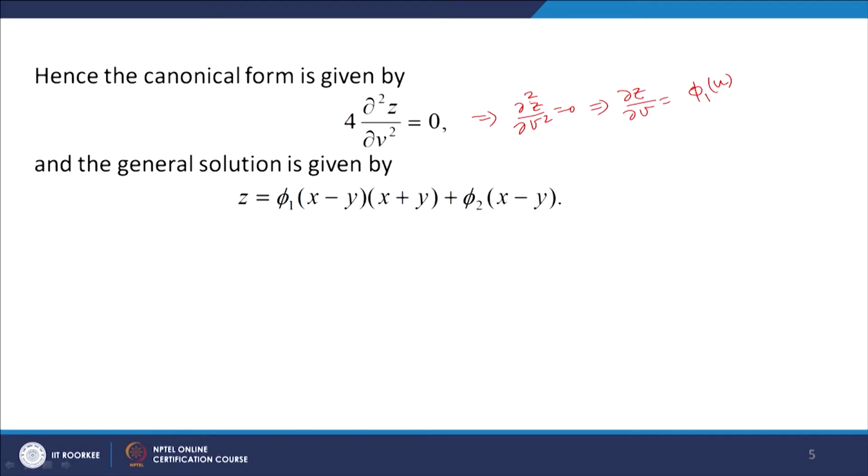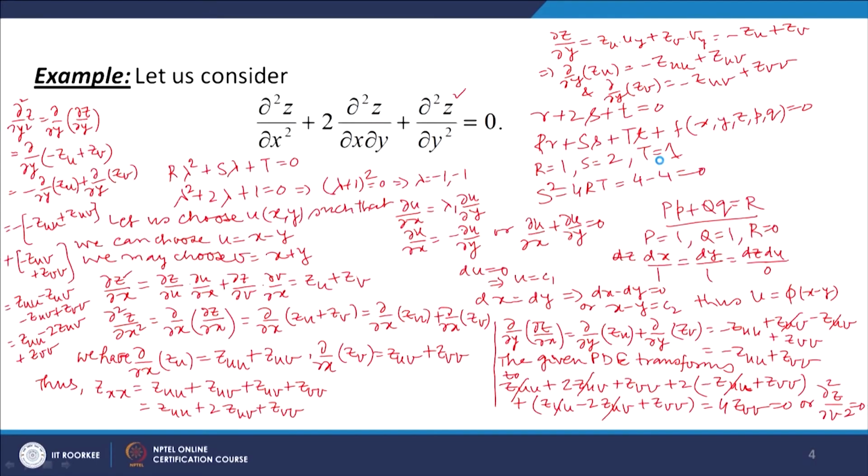So the arbitrary function will depend on U, and then we will integrate it further with respect to V. So we get Z equal to V times phi 1 of U plus phi 2 of U.